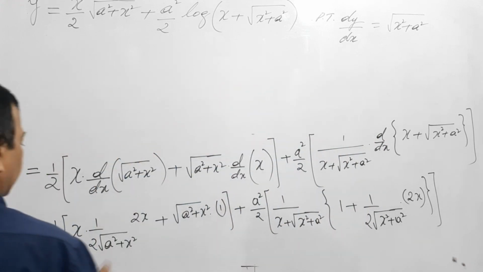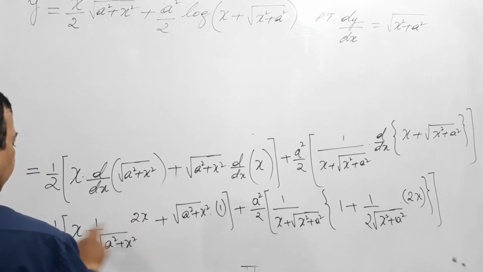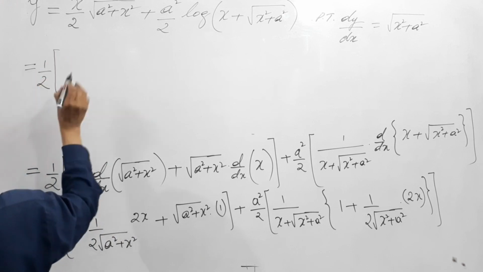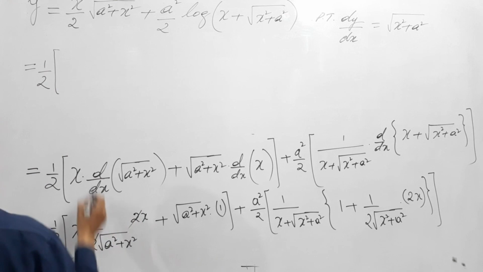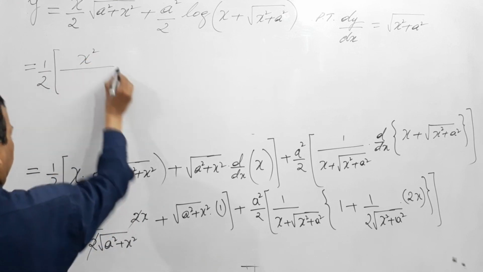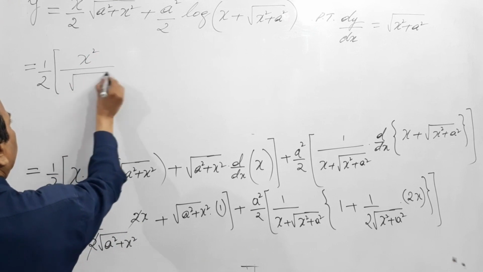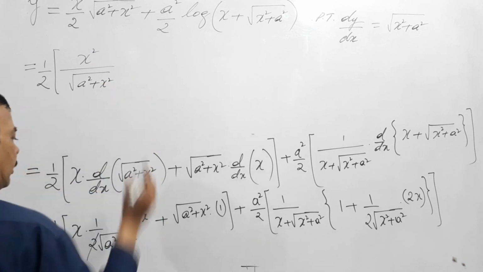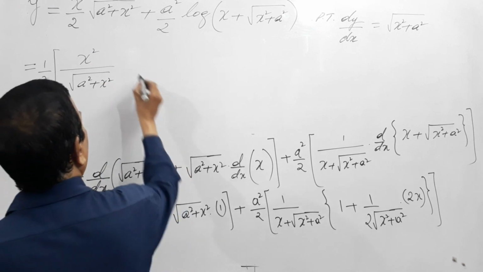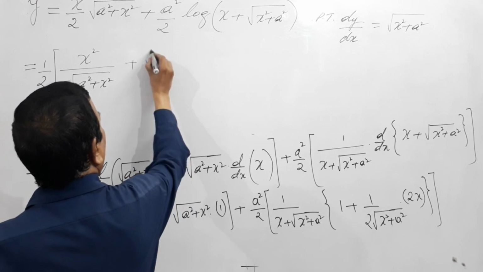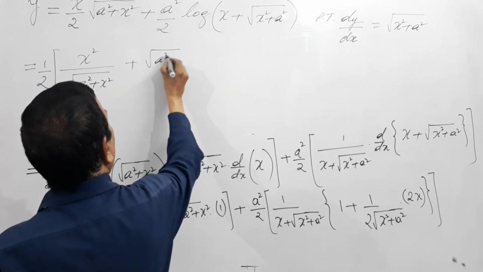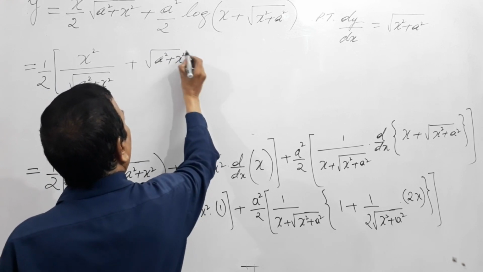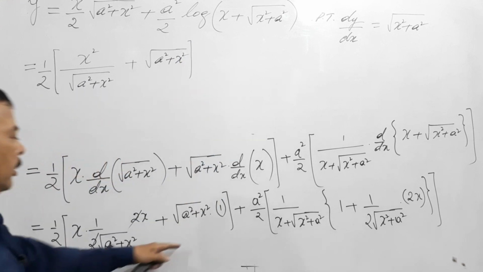So here 2 cancels, x into x becomes x square. So that is half, I will write as it is. So this 2 and this 2 cancel, x into x becomes x square by under the root a square plus x square, plus a square plus x square.